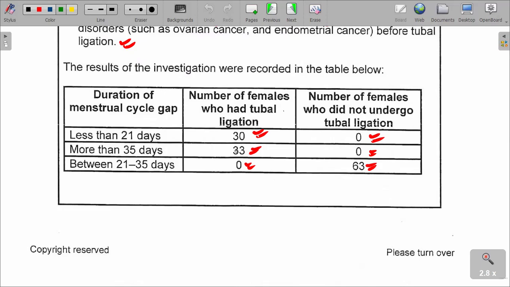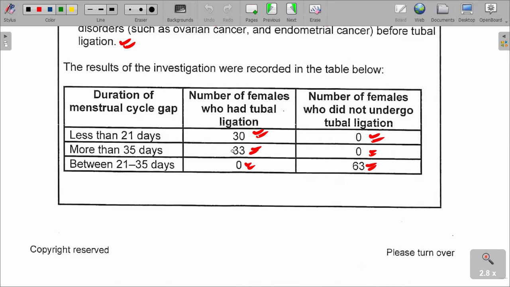We can see the number of women who have this condition. So tubal ligation will affect hormonal control. That's what we can say in this case.